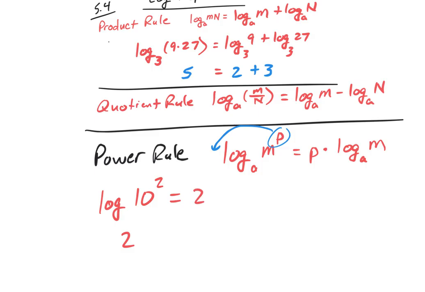Or I could move the 2 out in front, and I could say 2 times the log of 10. The log of 10 is really 1. You can either put it in the calculator, or you could just remember 10 to what power gets me back to 10, which would be 1, and then 2 times 1 would give me 2. So in both cases, my answer here would be 2, whether the 2 is in the exponent or it's out in front of the log.